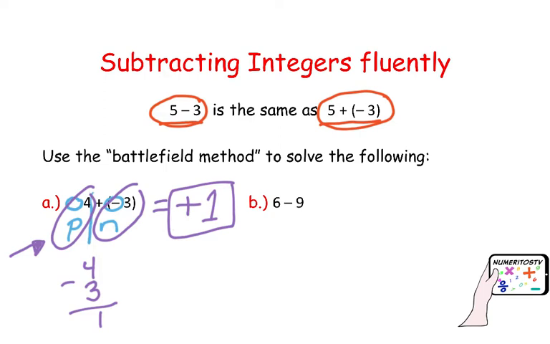Battlefield method. Draw the line after 6, immediately after the first number. Then check the sign in front of the number. 6 doesn't have a sign, that means that those are positive. Then, look at the other side of the line. You have minus 9. What sign is in front of 9? We have that minus.